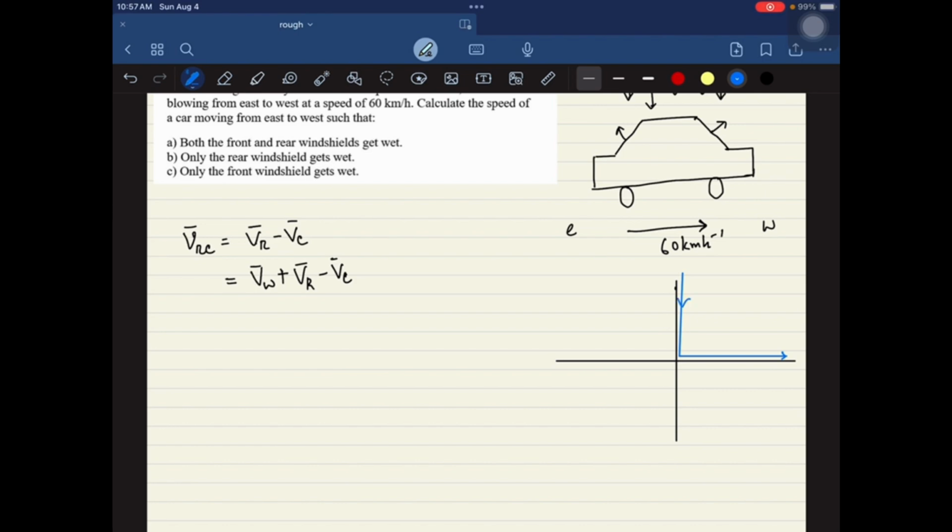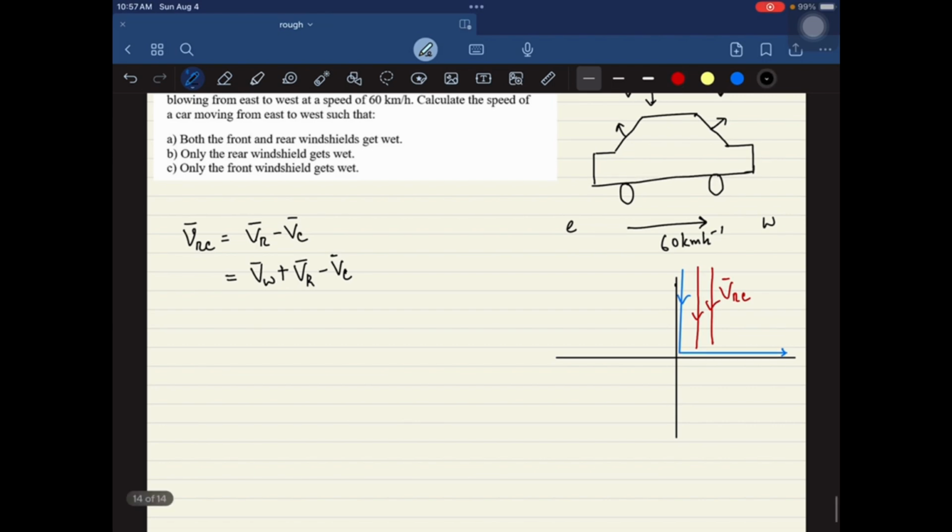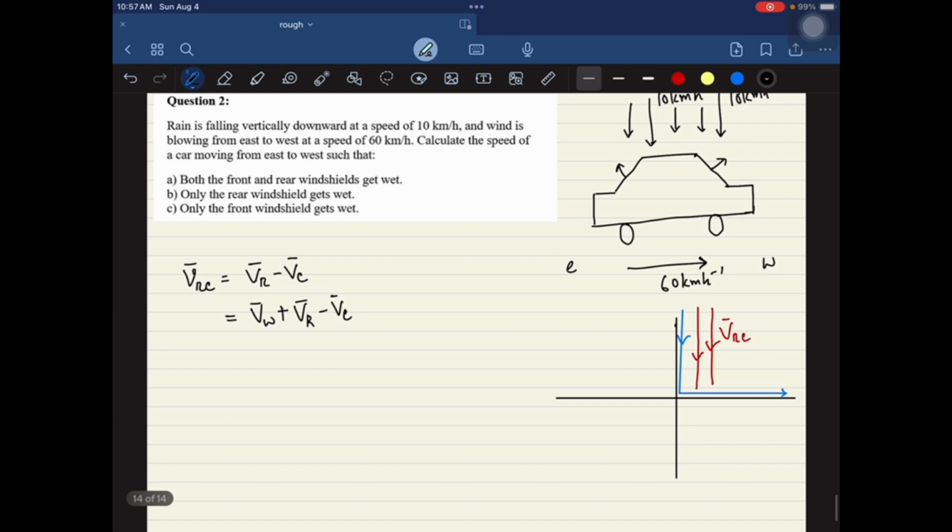So what is the velocity of the car? The resultant, the velocity of rain with respect to the car, will be in this direction. This is the VRC direction. The velocity of the car is in this direction.